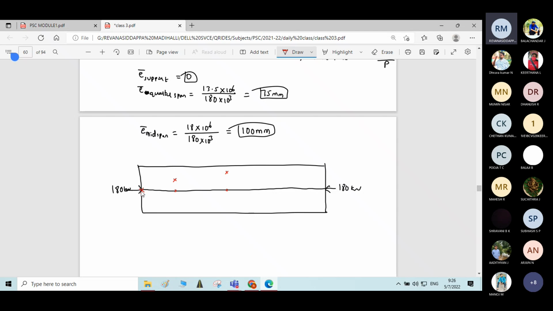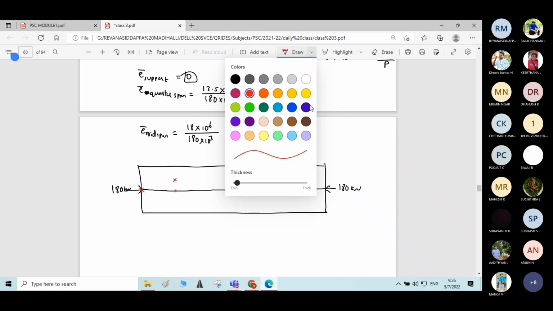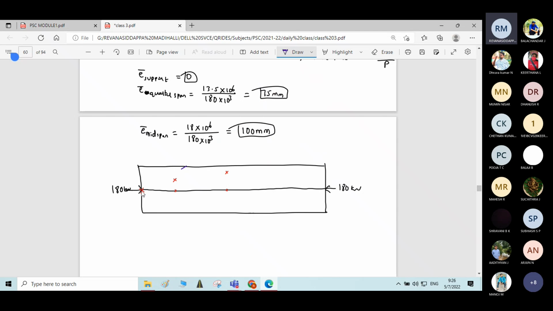Okay. If we join this, that will be the location of the thrust line or the pressure line. The same values you will get in the other half portion of the beam because the loading is symmetric.